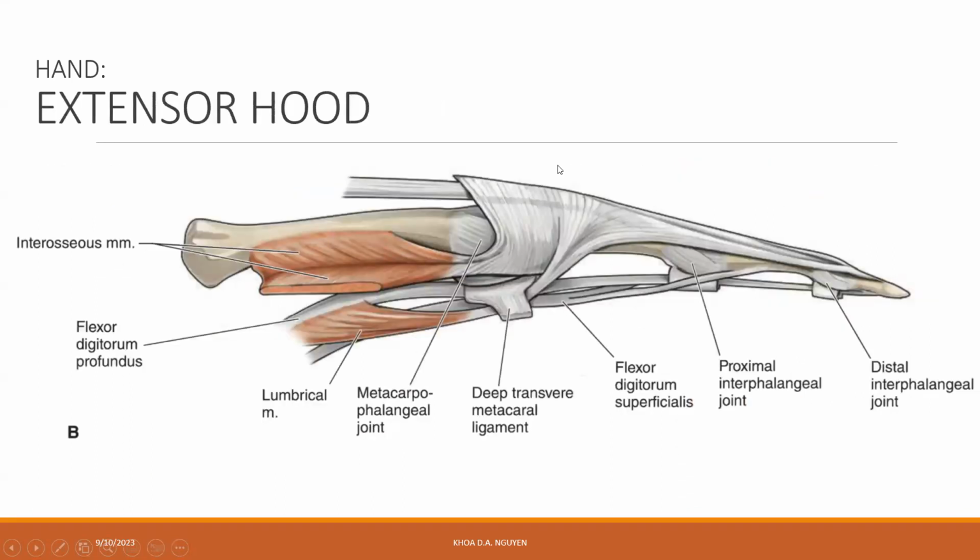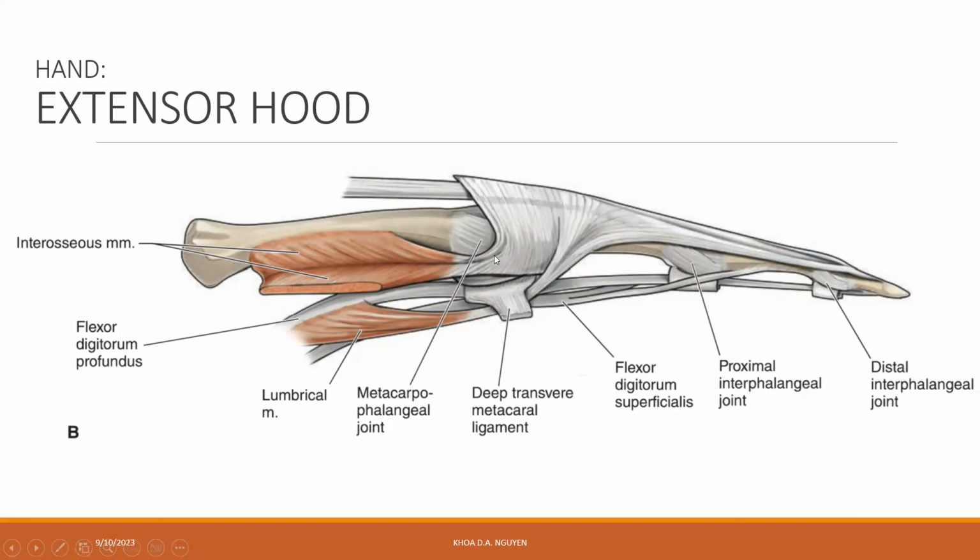Now we'll talk briefly about this structure right here, which is the extensor hood, and by extension, the extensor extension system as well. The extensor hood is a system that allows a fine degree of motor control of the distal tip of the fingers during flexion and extension.